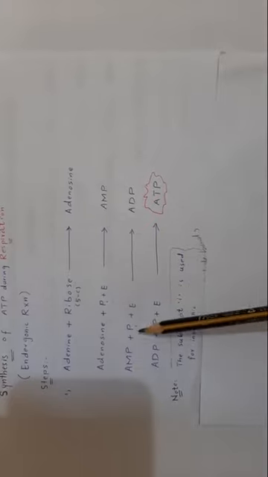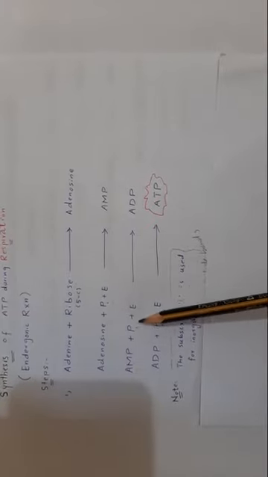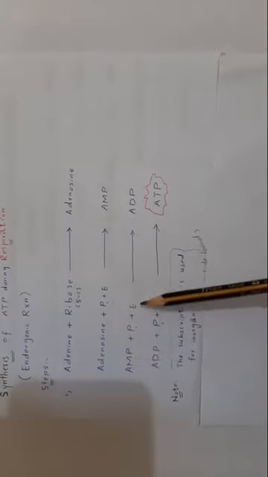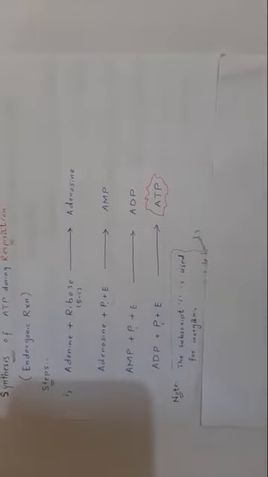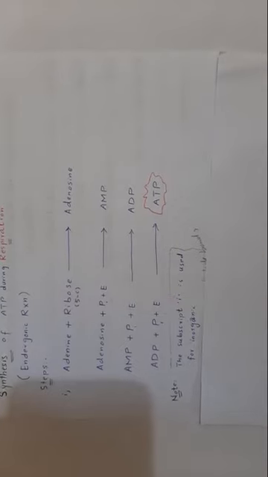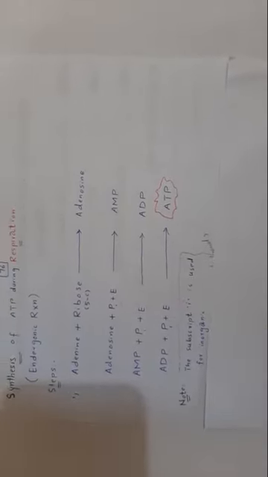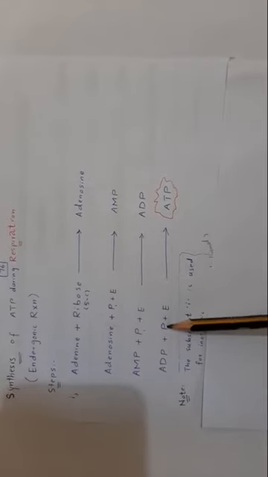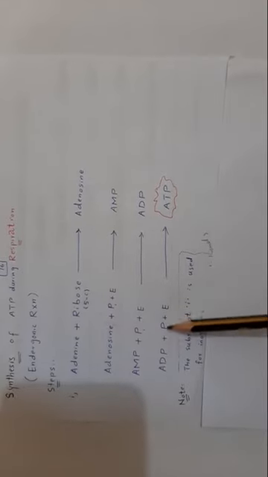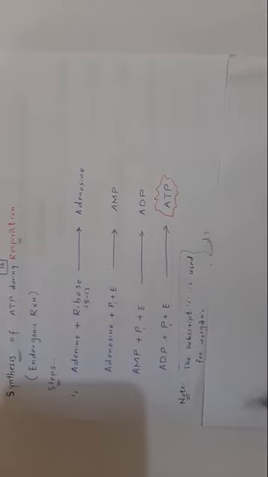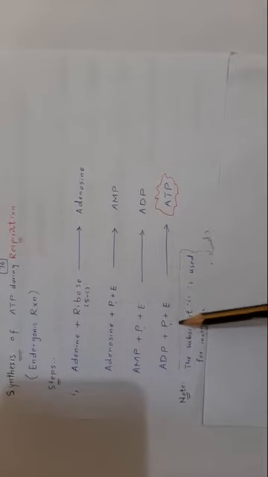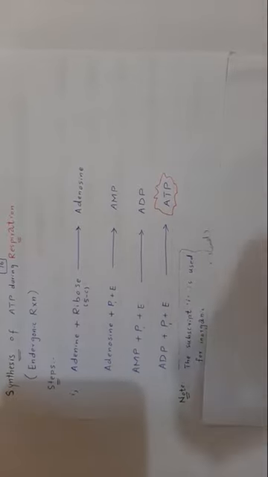When another phosphate is added to adenosine monophosphate, adenosine diphosphate is formed. This reaction also needs energy, and with the addition of a third phosphate and energy to ADP, adenosine triphosphate is formed. Remember that the subscript i is used for inorganic phosphate.